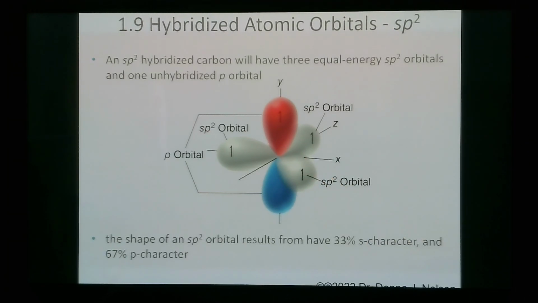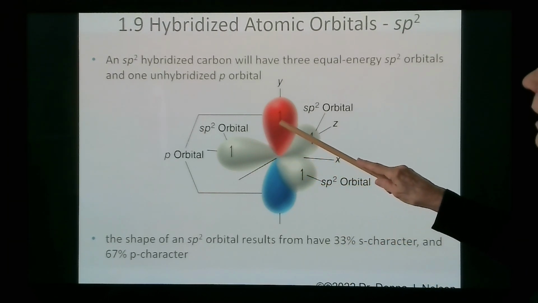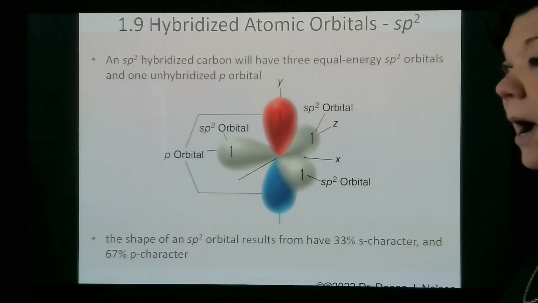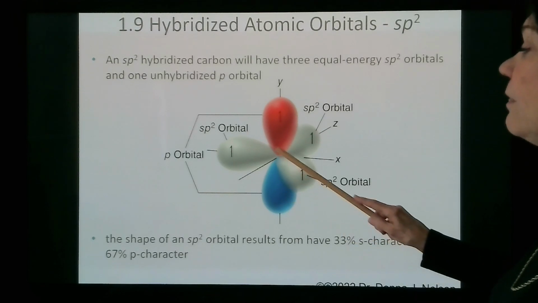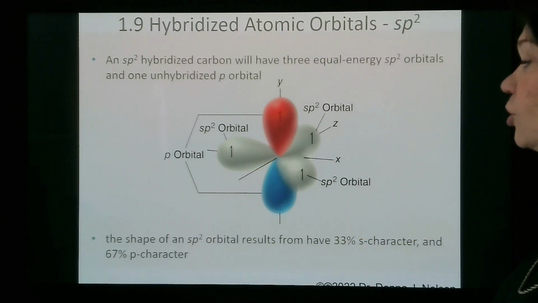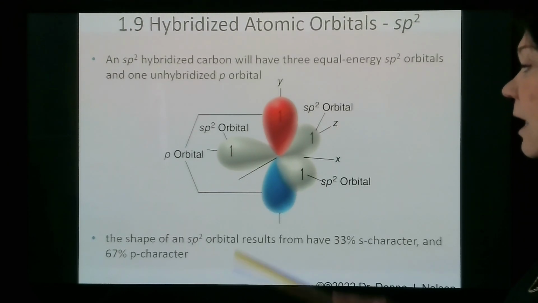They are pointing away from each other, because when each of these is occupied by 2 electrons, they will take a position in space such that they are as far apart from each other as possible.